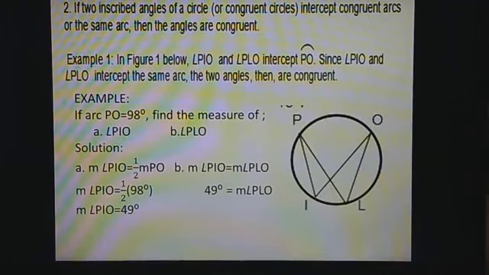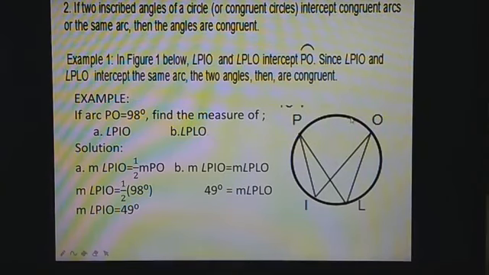Next, theorem number 2. If two inscribed angles of a circle or congruent circles intercept congruent arcs or the same arc, isang arc lang in-intercept ng inscribed angles, then the angles are congruent. As in the illustration, angle PIO is an inscribed angle, and another inscribed angle is angle PLO. Both of these inscribed angles intercept arc PO.